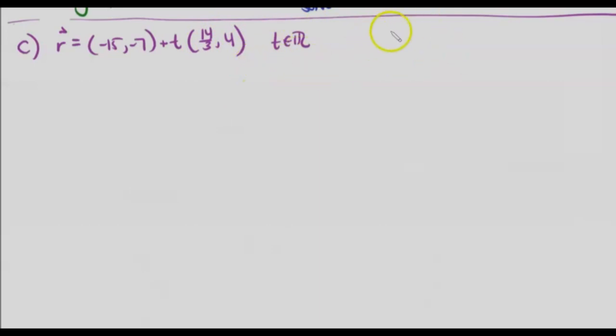Okay, all we're actually doing in this question is checking if E, which is negative 1, 5, and F, which is 6, comma 11, are on this line. In 2D, all you need is 2 points in order to solve for the equation of the line.